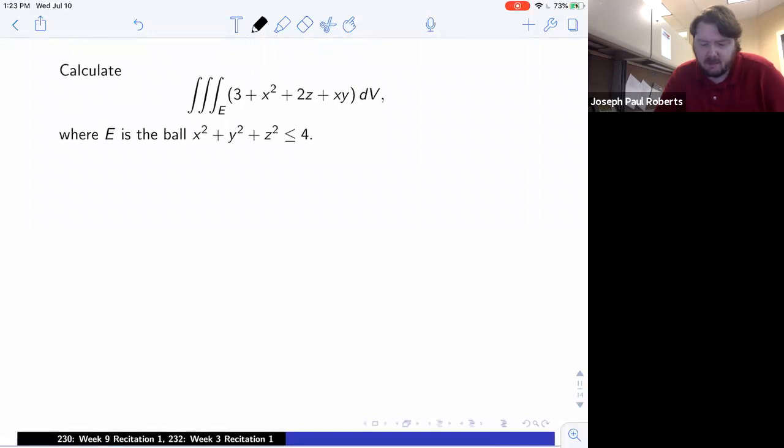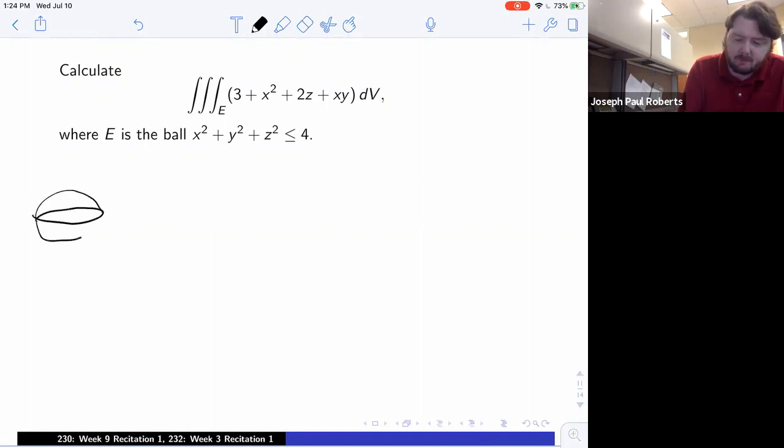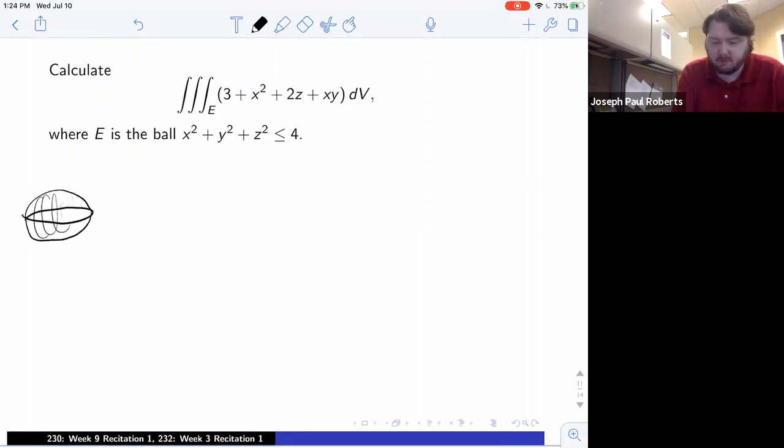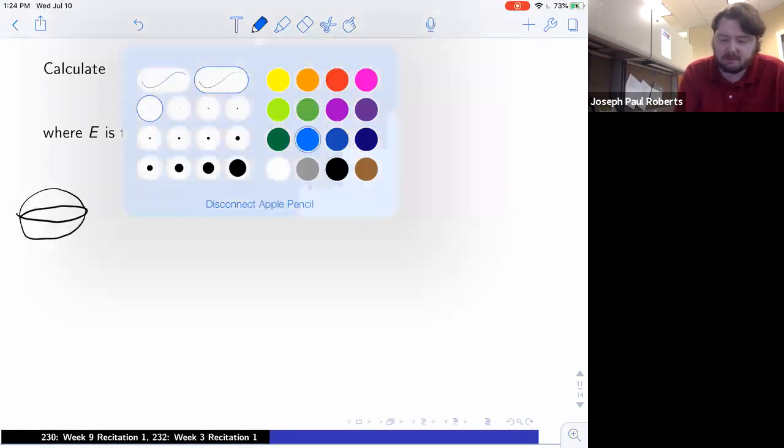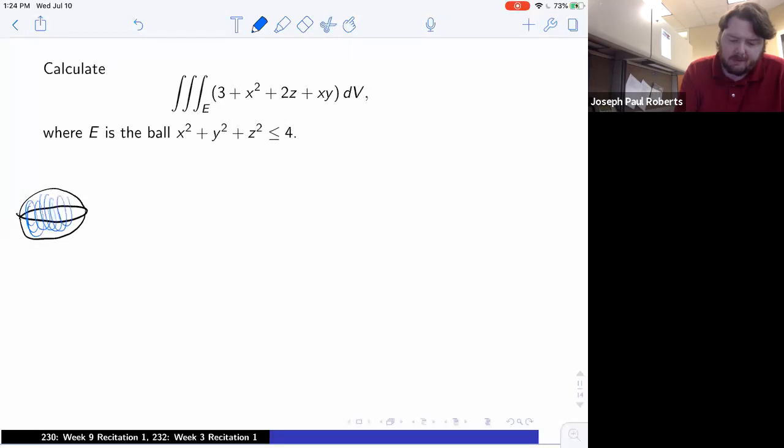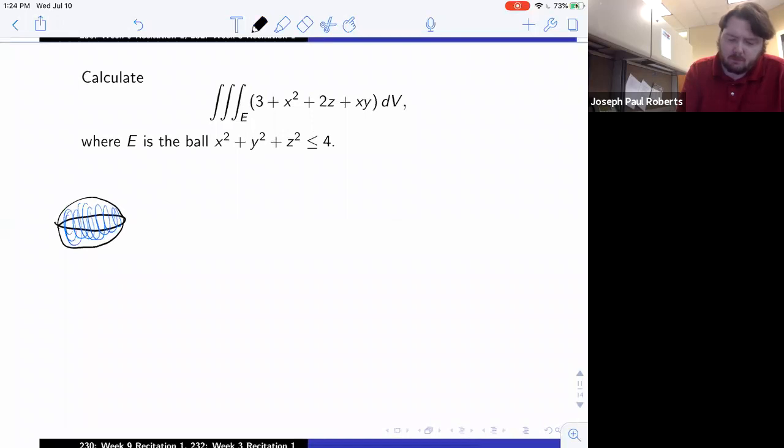Calculate the triple integral of 3 plus x squared plus 2z plus xy, where E is the ball x squared plus y squared plus z squared less than or equal to 4. So let's think about our ball. I usually use blue to shade in my solid regions. So this ball is centered at the origin, right?